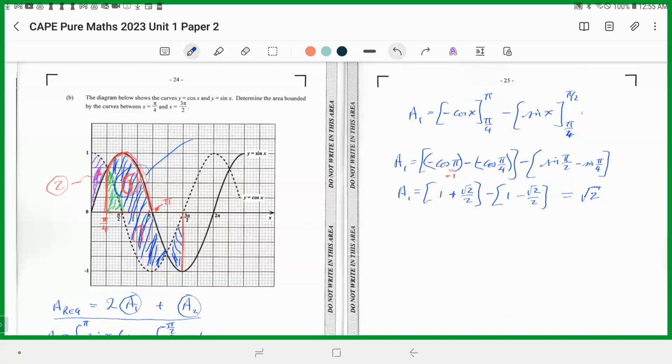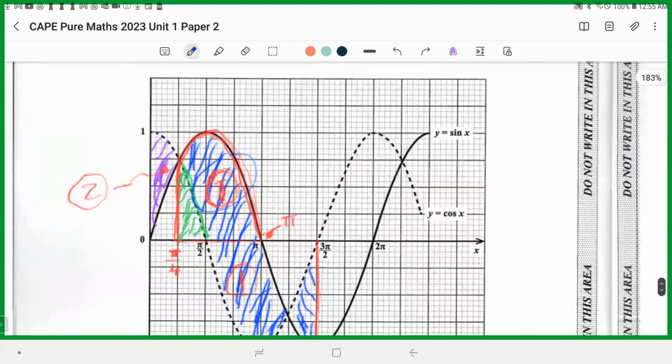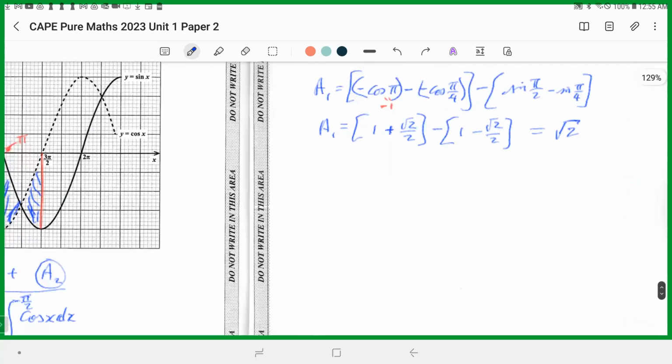Let's work out area 1 now, which is the area under the cos graph between 0 and pi by 4 minus the area under the sine graph between 0 and the same pi by 4. Right? That's area 2. Let's work it out now.